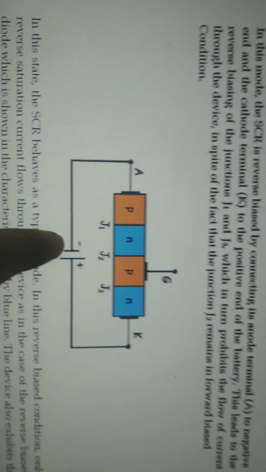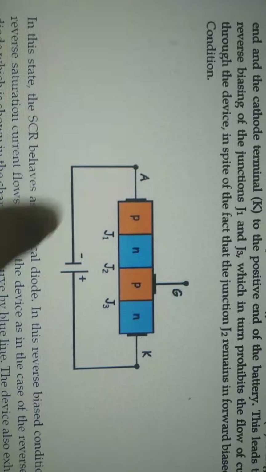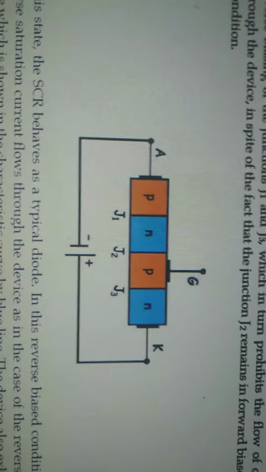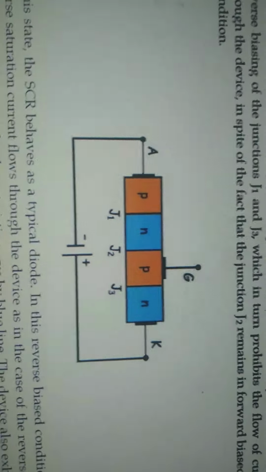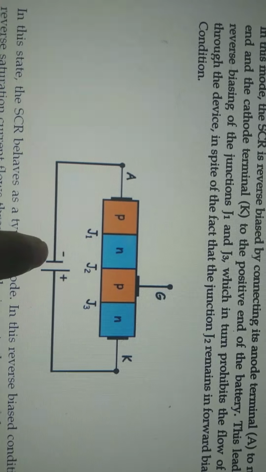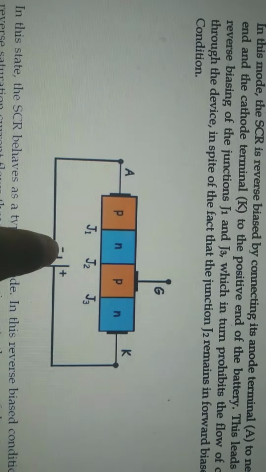If the connection is given like this to the SCR, you can say that the connection is given in reverse manner. In this condition what happened? These holes are having the positive charge and the battery having the negative terminal. So this negative charge is going to be attracting the positive charge. Then immediately the holes are trying to move out from the p-type material.